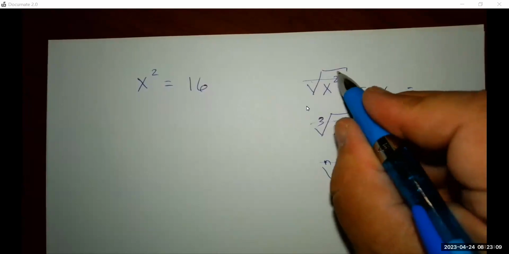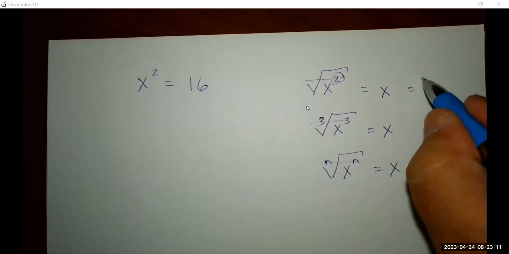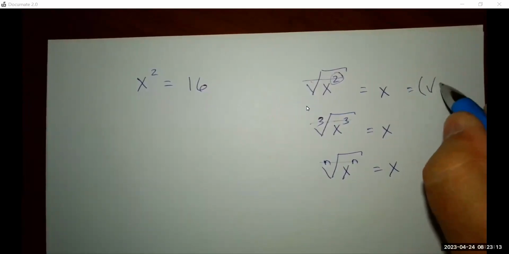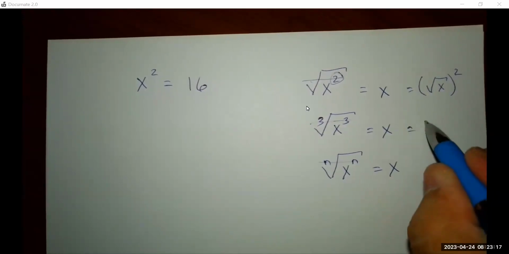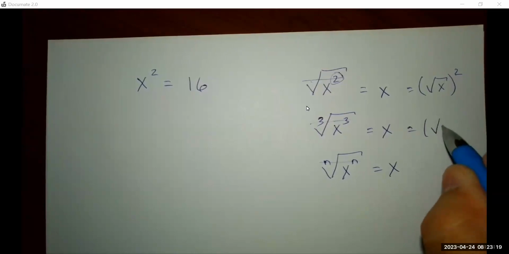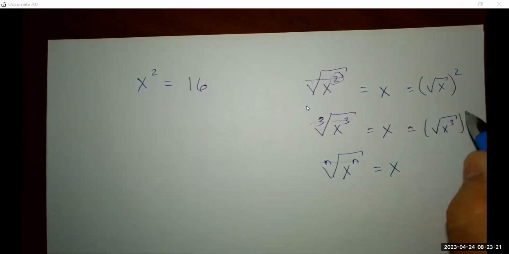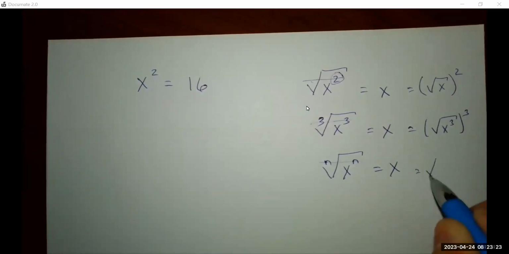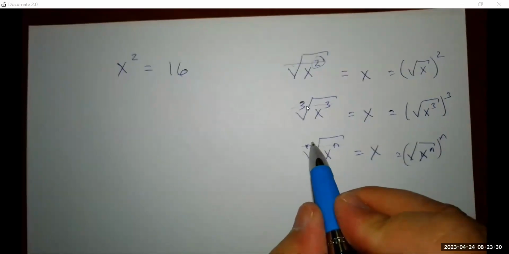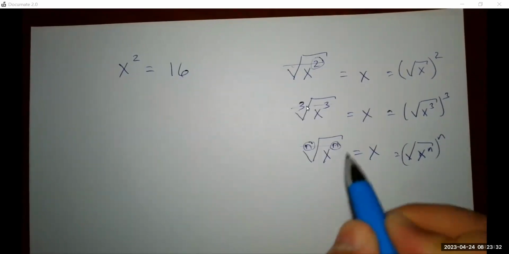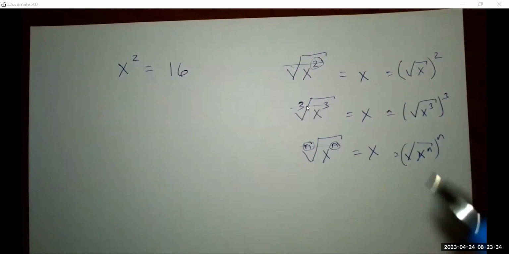So the exponent can be on the outside too. Like this. As long as the root and the exponent inside there are the same.